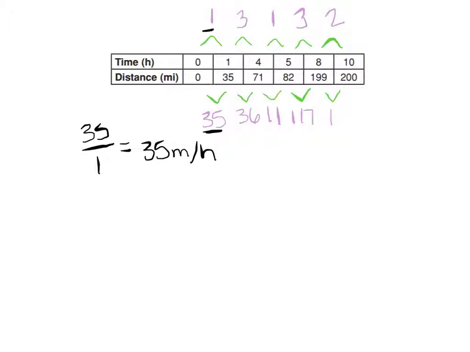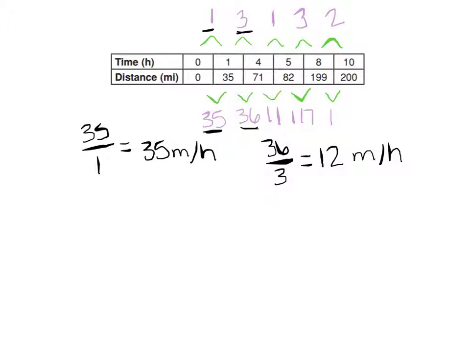Now if we look at the next set, we had a change of 36 for our DV over a change of 3 for our IV. So that means our change was 36 divided by 3, 12. So our rate was 12 miles per hour. What happened to our rate of change? It went down. We were going pretty fast, and then we slowed down a little bit.